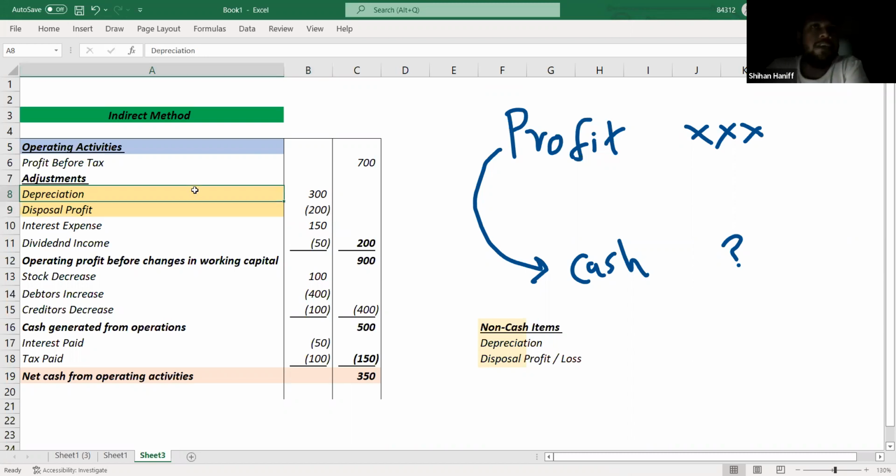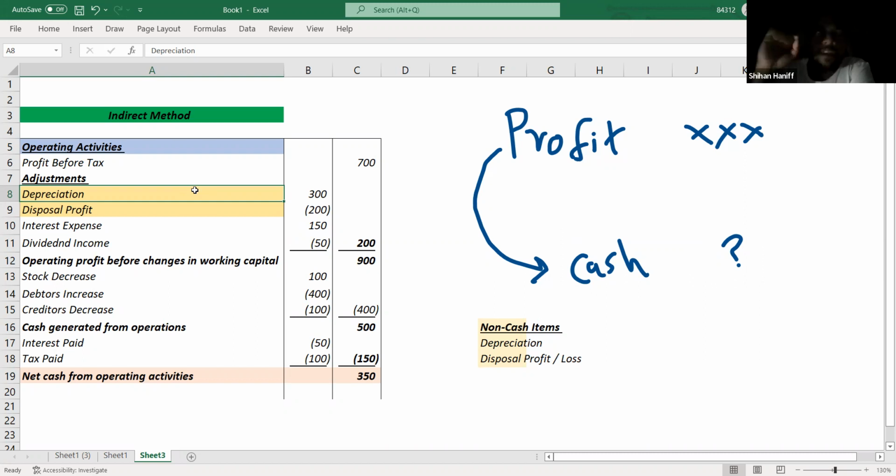Okay. So how do you calculate the depreciation? To calculate the depreciation, you can prepare the provision for depreciation account, or if the asset account is maintained using the PPE account, you can find out the depreciation value.